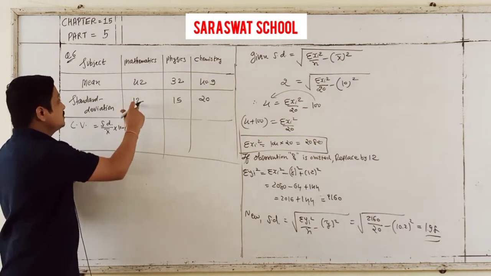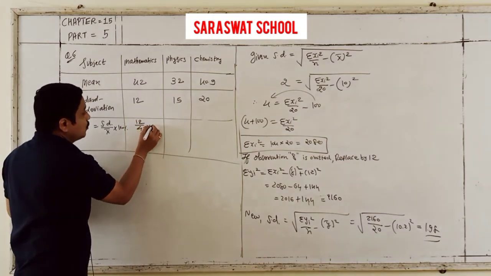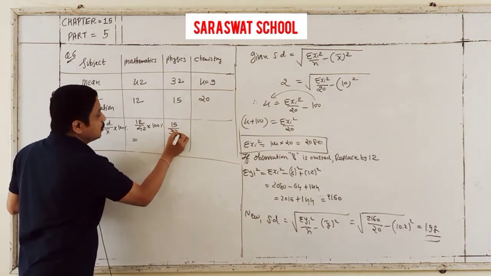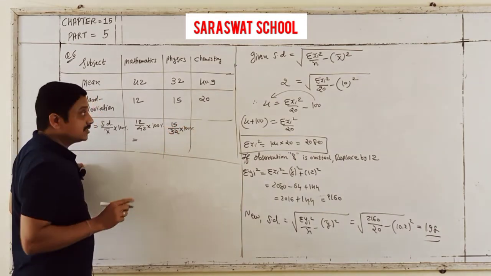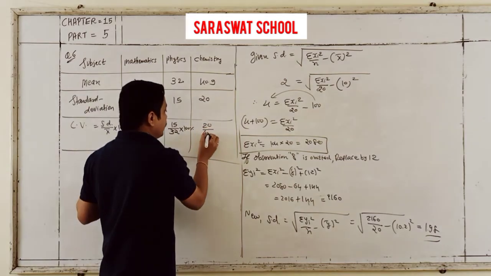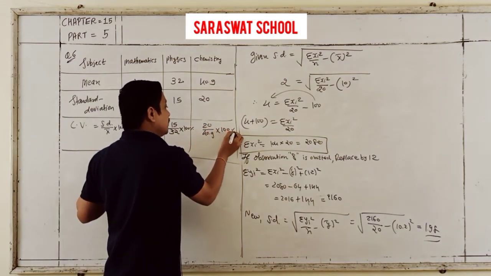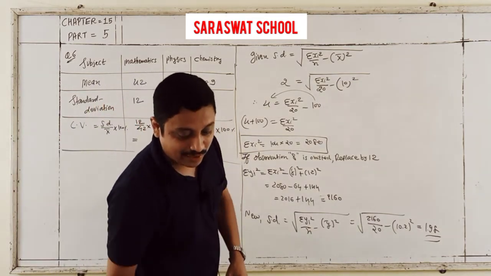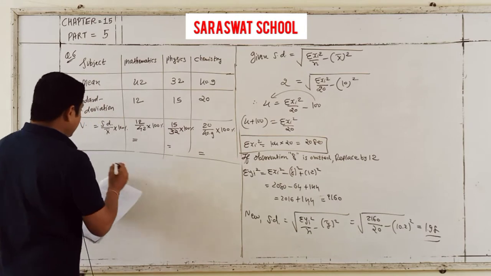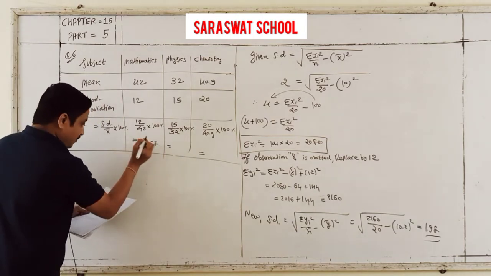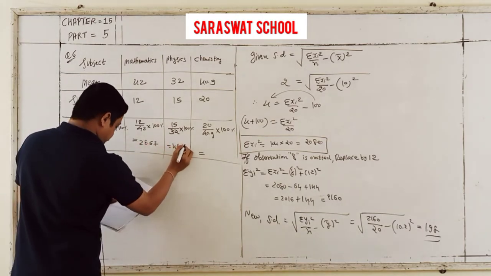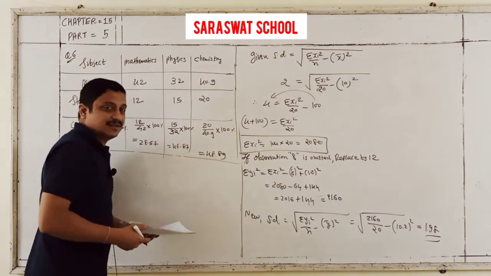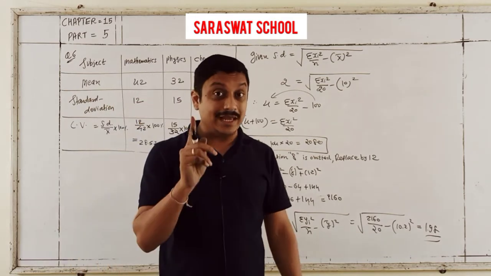So here 12 by 42 into 100%, 15 by 32 into 100%, and here 20 by 40.9 into 100%. And this value, students, I write down directly using the calculator: 28.57, 46.87 and last 48.89. You have to calculate all of it easily.